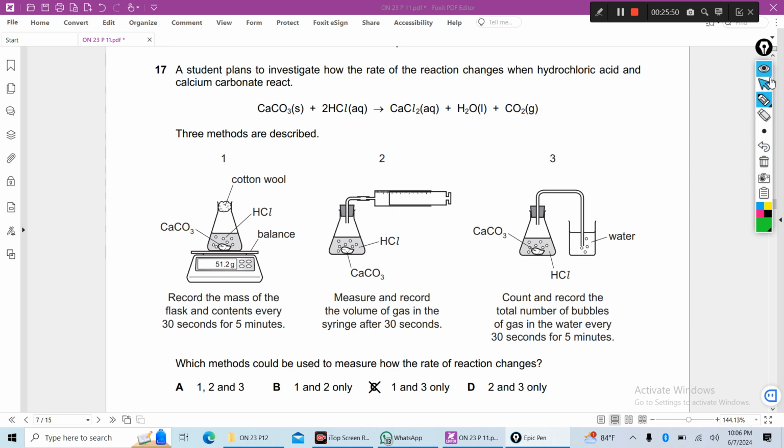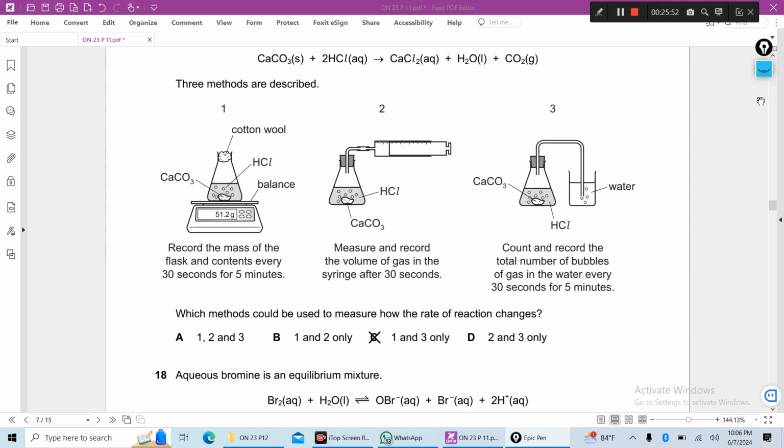After a certain times you can measure the rate of reaction. But now you are asking which method could be used to measure how the rate of reaction changes. C is the right answer. 2 is wrong. Why? I am explaining. At first you see 1 is correct. Why? Because record the mass of the flask and contents every 30 seconds for 5 minutes.